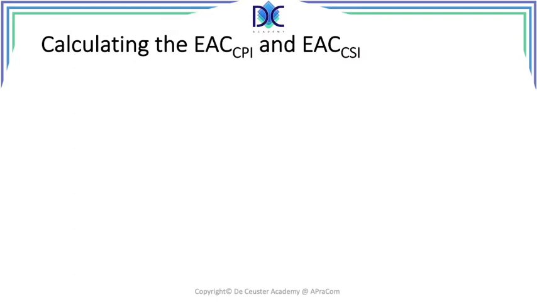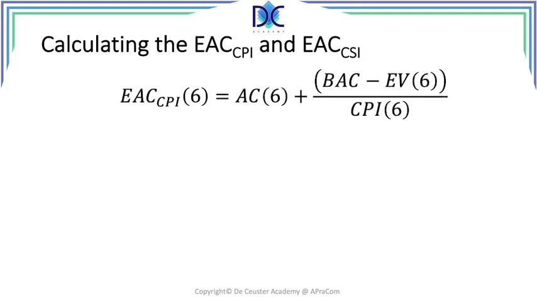Now we can also calculate the other estimates. We have the estimate at completion using the CPI and the estimate at completion using the CSI. The formula for the estimate at completion with the CPI is basically the same formula that we had for the mathematical estimate, but instead of dividing by 1, the CPI which is equal to 1, we now have a CPI which is different from 1.